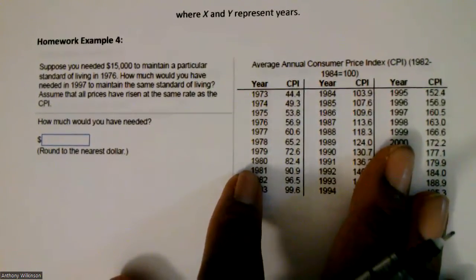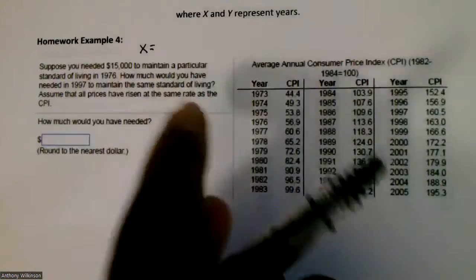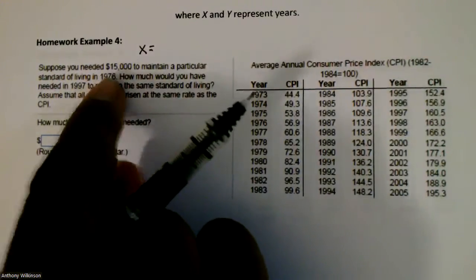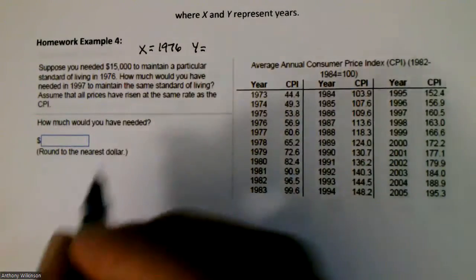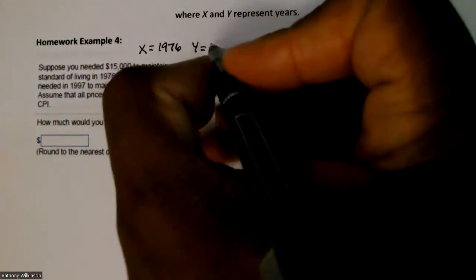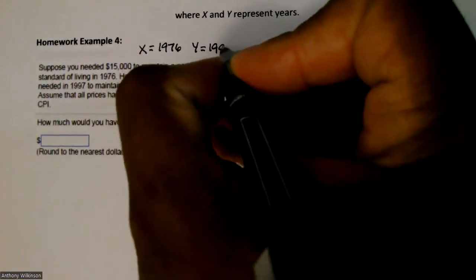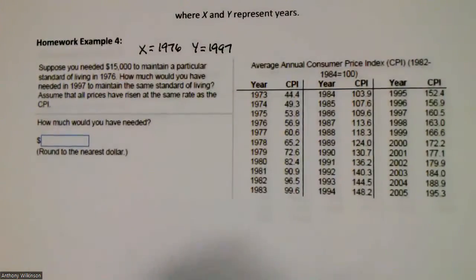All right, so our X in this case will be 1976. That's going to be the beginning. And then the Y will be the year 1997. Keep in mind, X and Y are years.